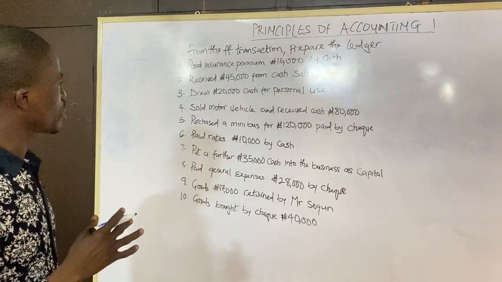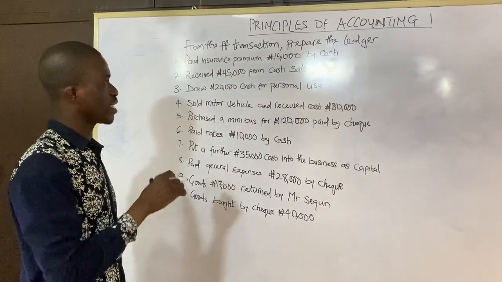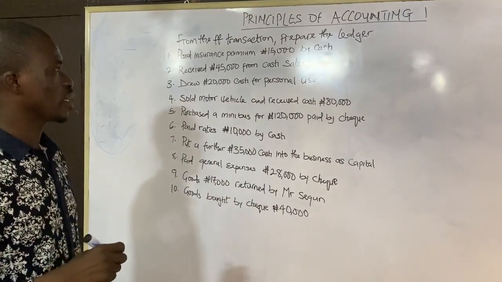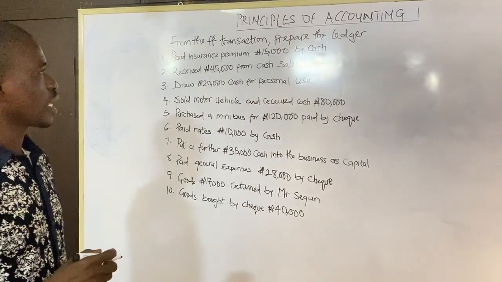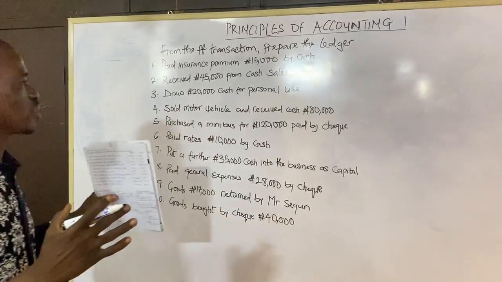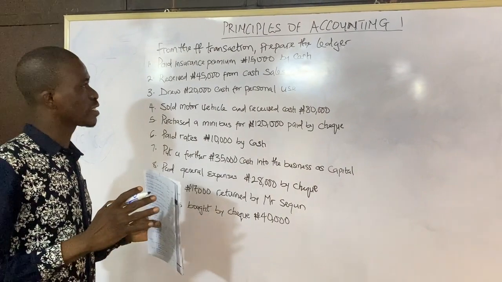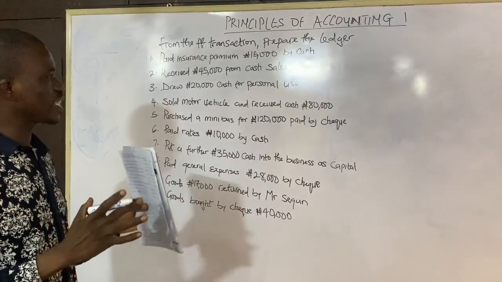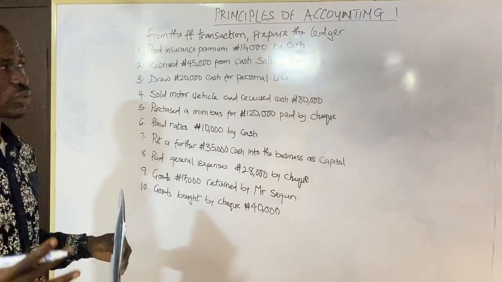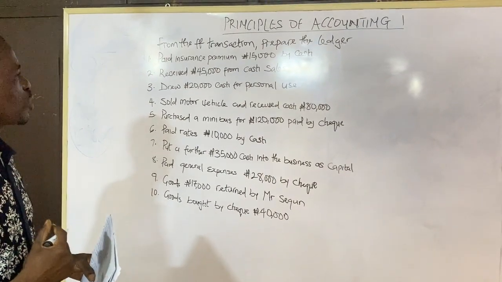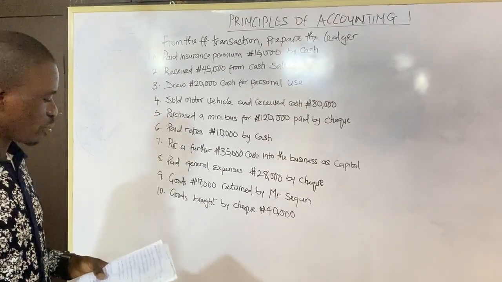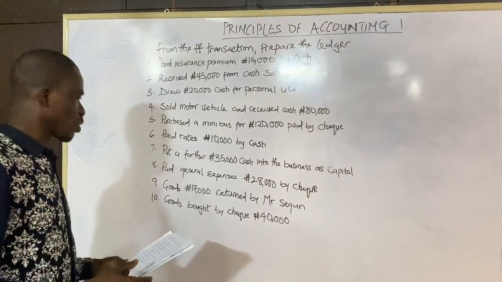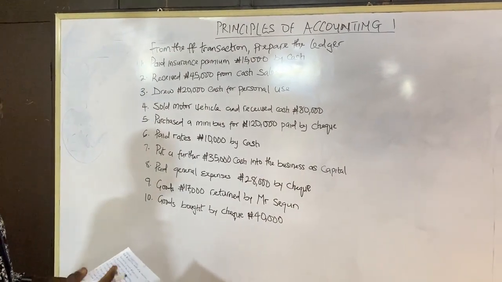And the principle of double entry also applies here. So the first one, as we told you, the ledger summarizes and classifies all the transactions, whereby it can now be used for accounting purposes or for other further accounting preparation.